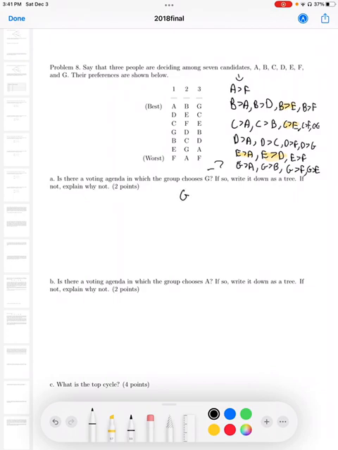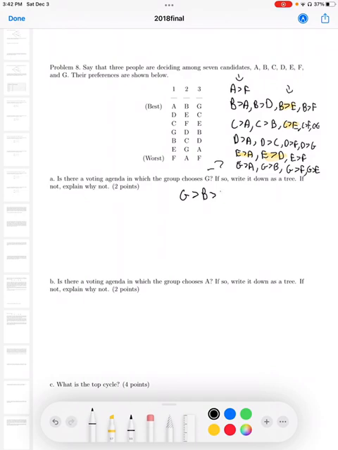So G dominates C. No, G does not dominate C. G dominates, let's go ahead and do B, since B dominates more people, so it'll be easier to choose B. G dominates B. B dominates, let's see how to erase this.